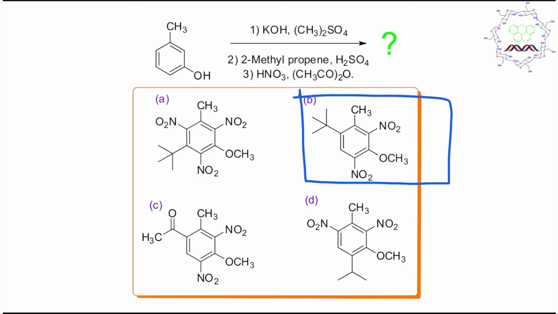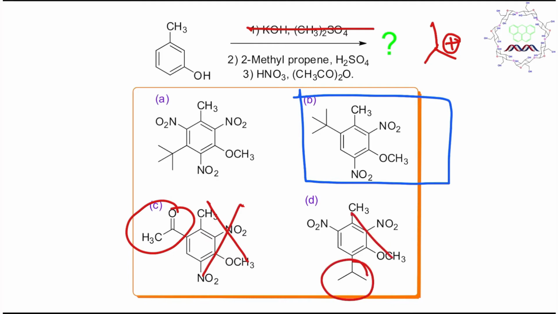Why? If you look at the first step, it is easy methylation, and if you are able to draw the structure of 2-methylpropene and sulfuric acid, what does it produce? Tertiary butyl cation. Simple, just this much. Now the tertiary butyl cation will be added. Look at option C and option D. In this case acetyl, no tertiary butyl, gone.